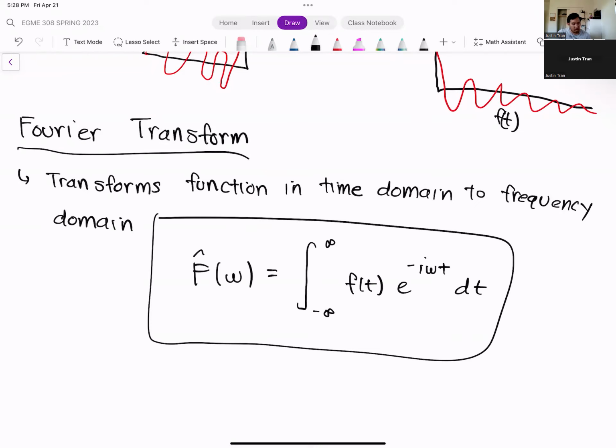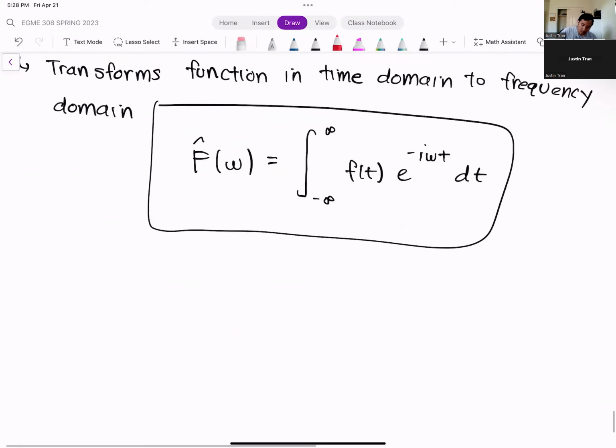Okay. And so the last thing I want to mention here of kind of physical significance is the power spectrum. Okay. And so after you compute the Fourier transform, what you're going to have is a function of omega, right? And so if you plot this function, or I guess technically you're plotting the square of the function, so you're taking F of omega squared, it's going to give you what's known as the power spectrum.